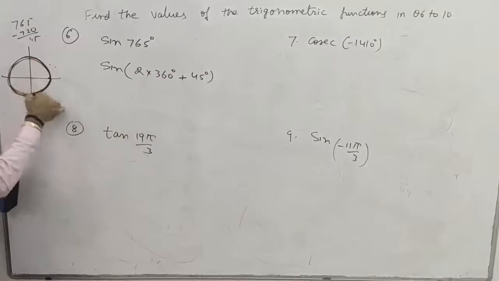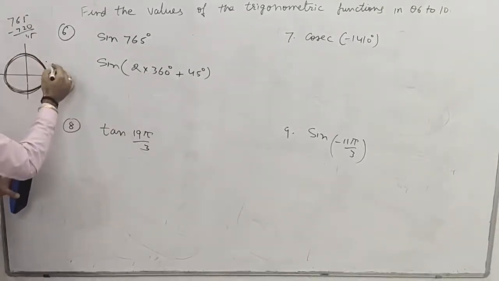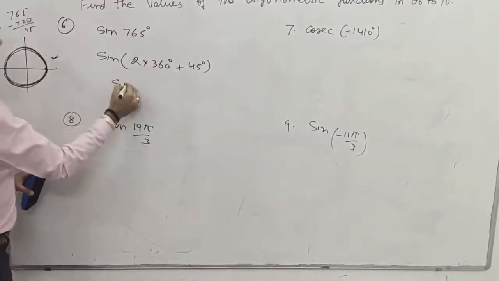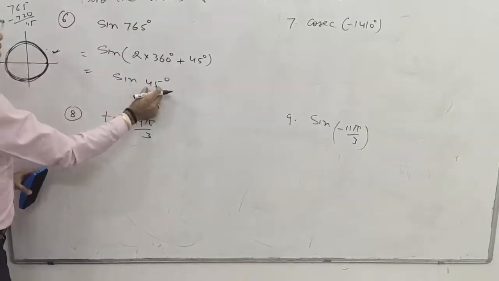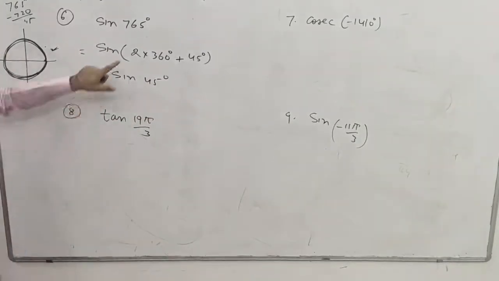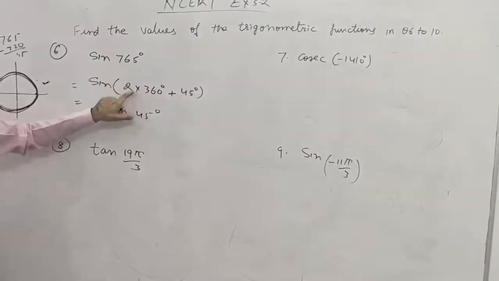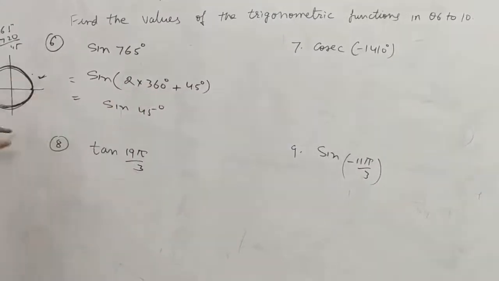और 360 के 2 rotations cover करने पर again we reach to this. We can write this as sin 45 degree. इतने बड़े एंगल की वैल्यू we have written sin 45. How? Because we have to check the multiples of 360 degree. 765 is 2 multiplied 360 plus 45. So again this is a periodic function.